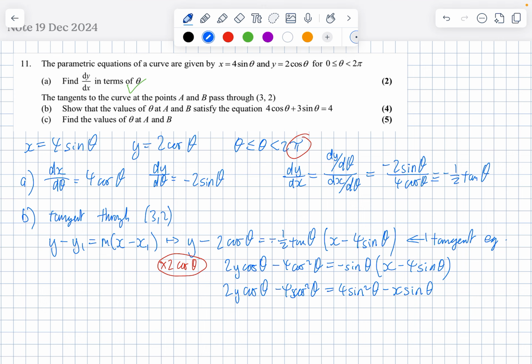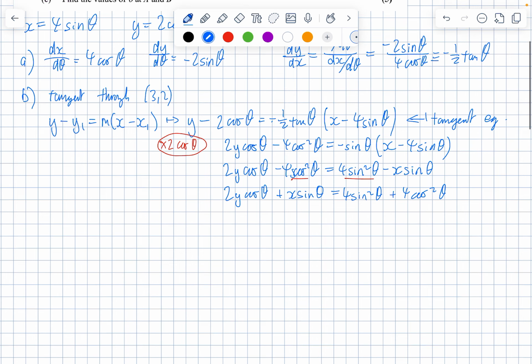Now I'm going to rearrange this again because I've got a sine squared and a cos squared, and we know our favourite identity, we can do something with those. So I've got 2y cos theta, and I'm going to add my x sine theta, and that is equal to 4 sine squared theta plus 4 cos squared theta.